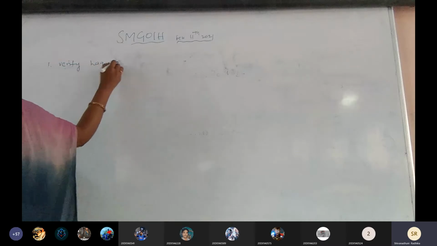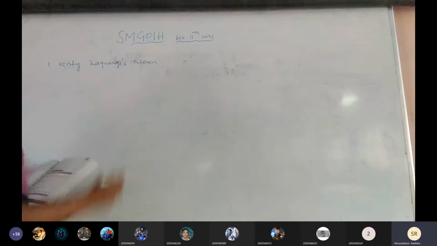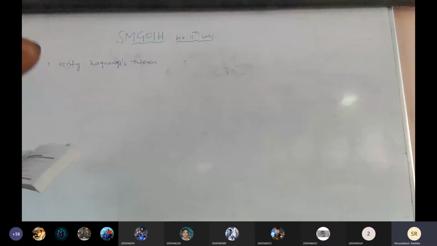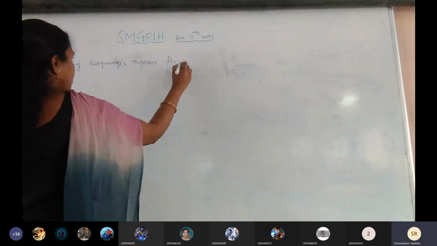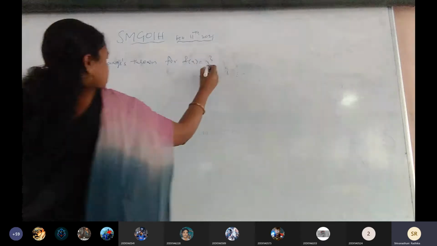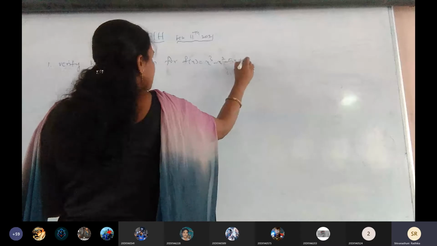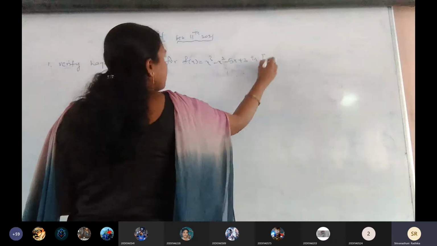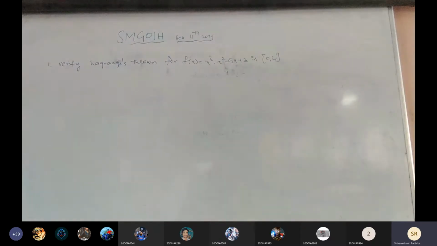Verify Lagrange's theorem. Verify Lagrange's theorem for f of x equals x cube minus x square minus 5x plus 3 in the closed interval 0, 4.